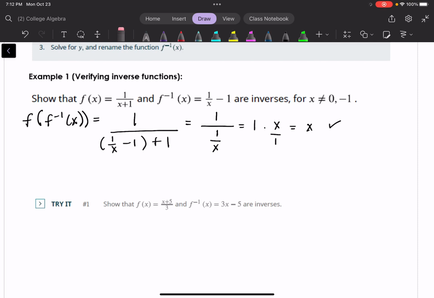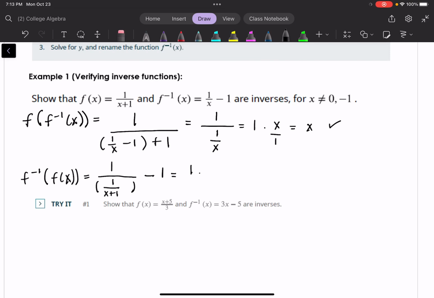Then we also need to check in the other direction, because it is required that we check both of these. So it's f inverse of f of x. Now this will be our shell, f inverse, and then we're going to place this function inside. We're just going to verify this algebraically.